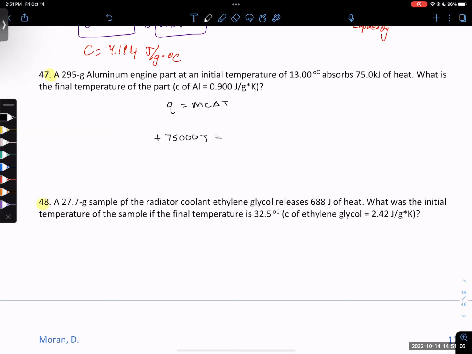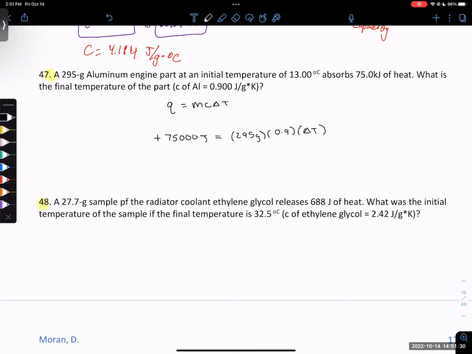joules is equal to the mass times, or let me just plug that in, times 295 grams. And then we have the C, which is given to us as 0.9. And then the delta T, which is what we're solving. So if we just divide both sides by that, we would get it.